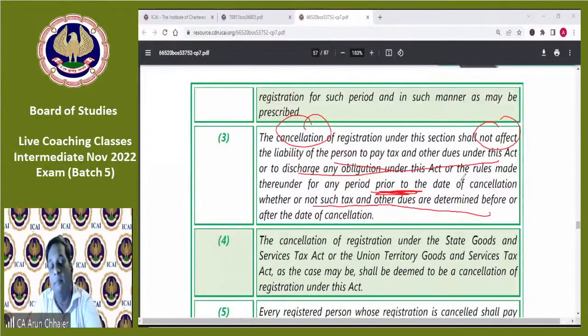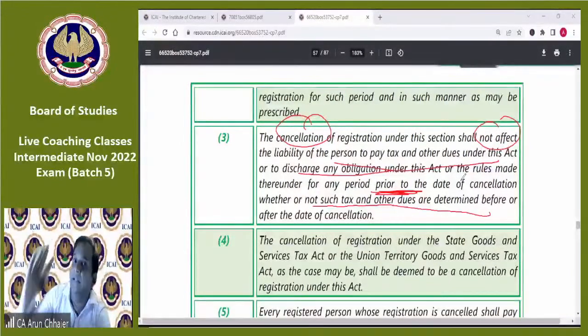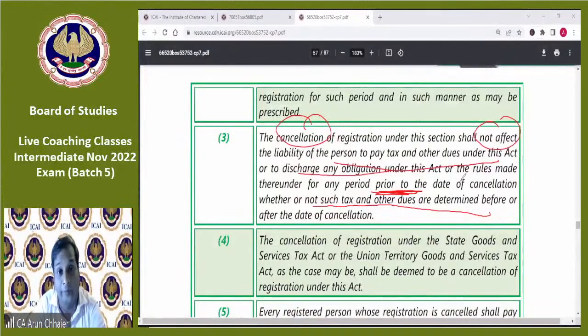For example, Mr. A was registered in the GST. Now he has submitted the application for cancellation and his cancellation application is approved. He received the cancellation order. For the period prior to this date, might be during the assessment, search, seizure, scrutiny, there is some liability that arises against Mr. A. That liability Mr. A has to pay.